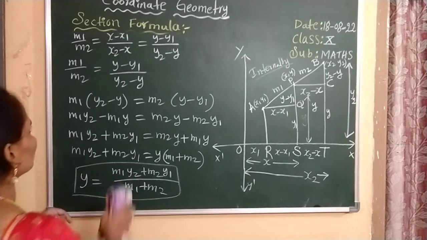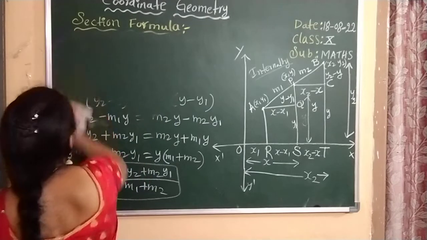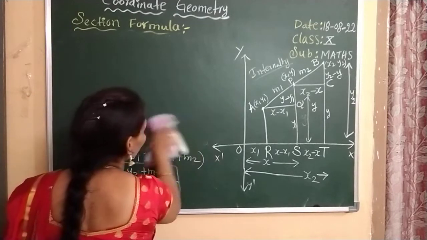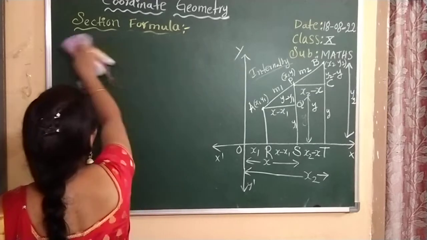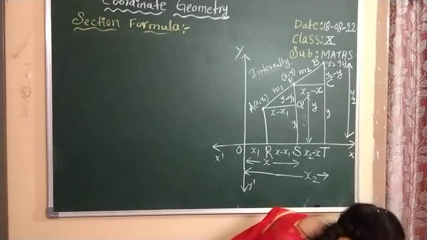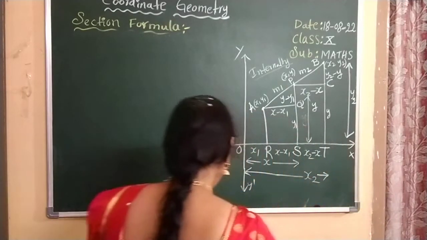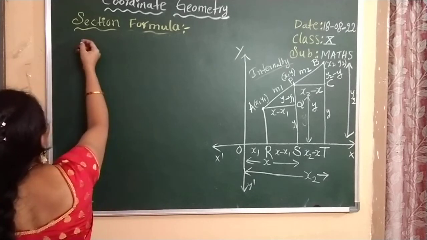That also I will tell you. If the point P divides AB in the ratio m1 is to m2 internally, this will come.